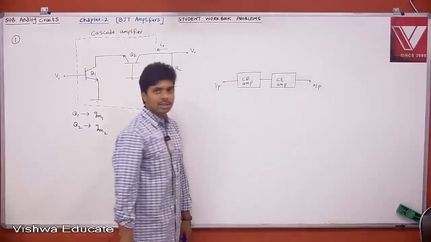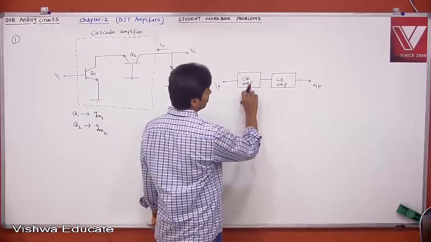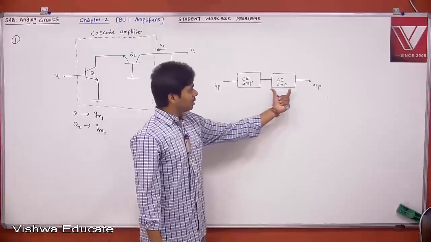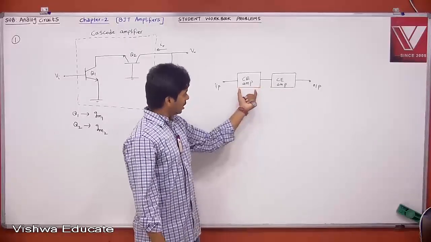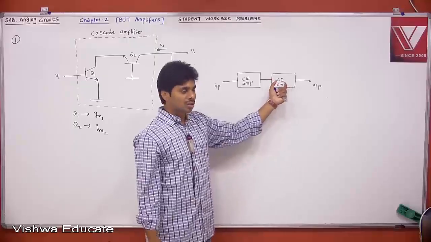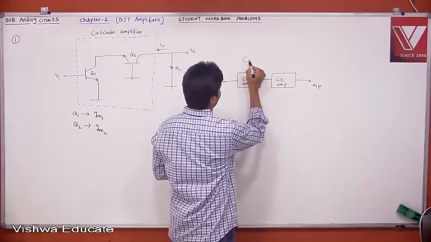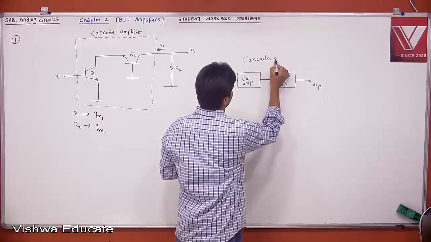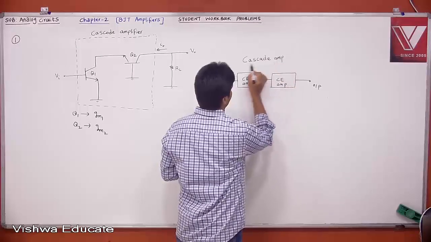Basically this is nothing but a multi-stage amplifier. If you have a similar type of configuration, then this is stage 1 and this is stage 2, and stage 1 is a common emitter amplifier with the same configuration in stage 2. This is called a cascade amplifier because they are in cascade connection.